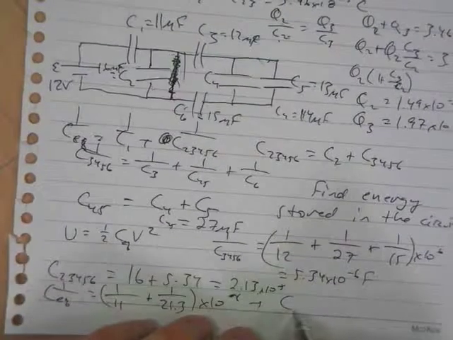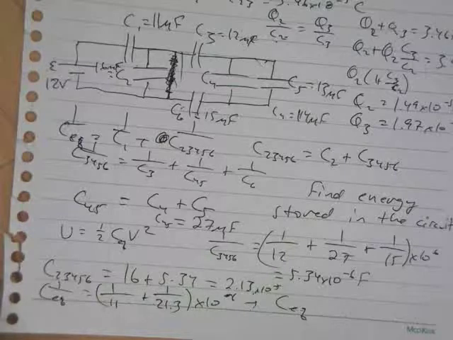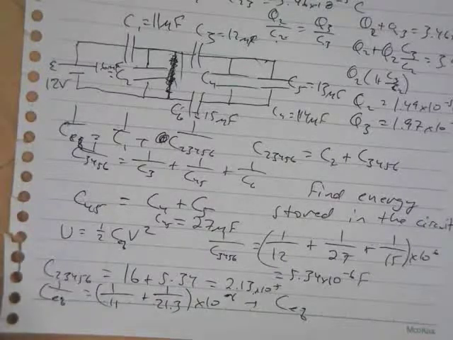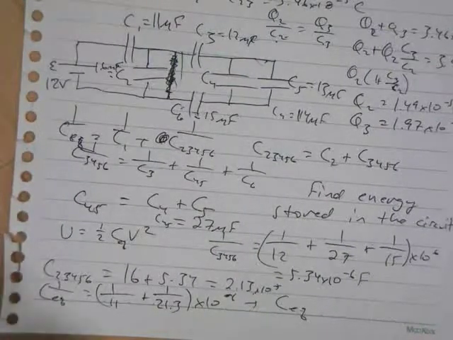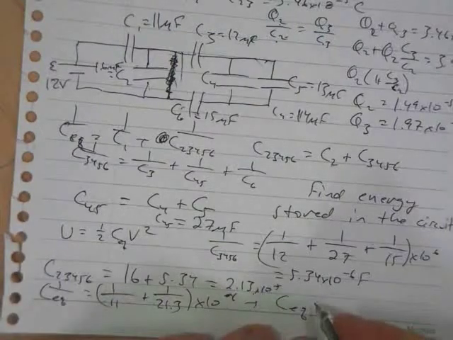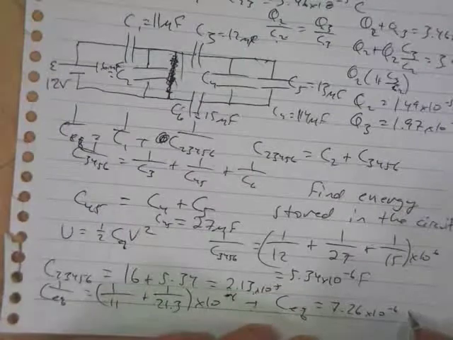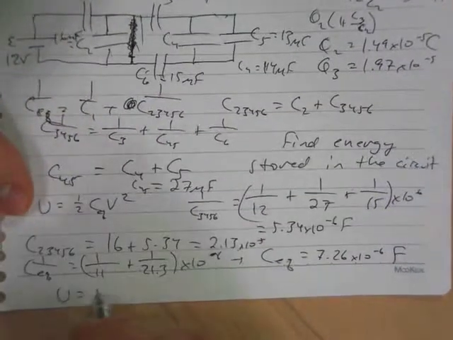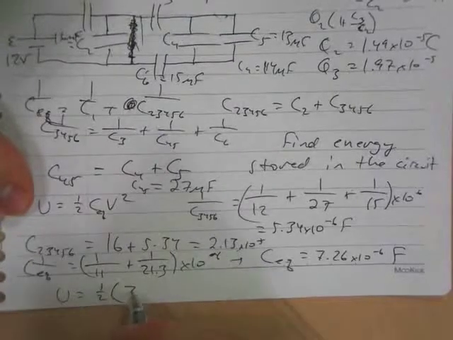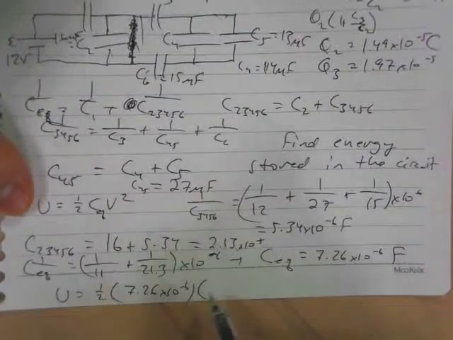So our total equivalent capacitance is, I'll store this, 1 over 11 e negative 6 plus 1 over, answer, 1 over that, is 7.26 times 10 to the minus 6 farads, and therefore our total energy stored in the circuit is 1/2 times 7.26 times 10 to the minus 6 times V squared, which is just 12.